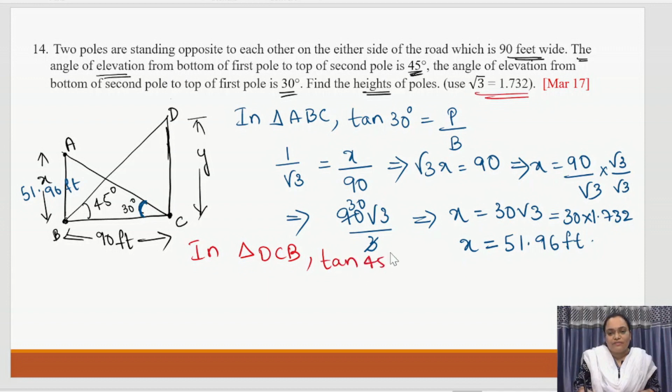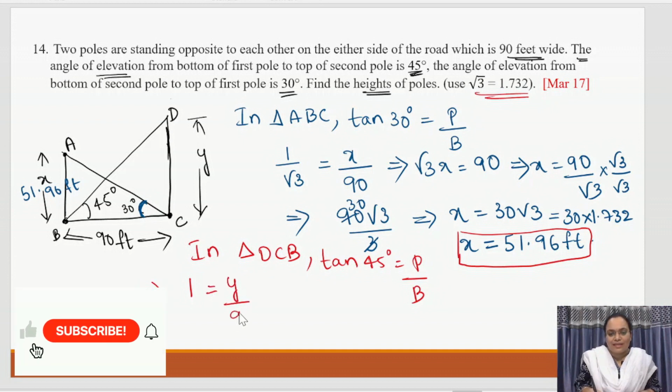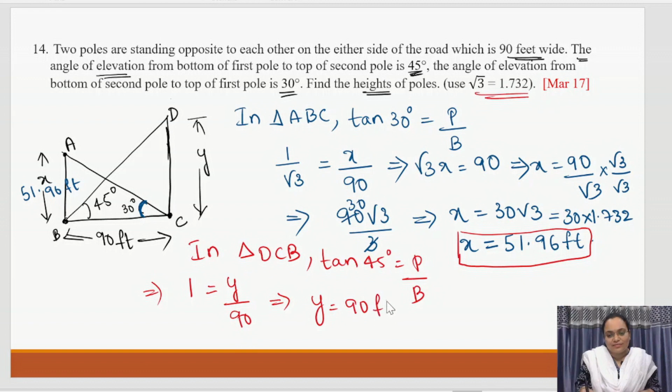Tan 45 is perpendicular by base, and tan 45 is 1. So 1 equals y by 90, and you will get y as 90 feet. This is the height of the second pole, which is 90 feet.